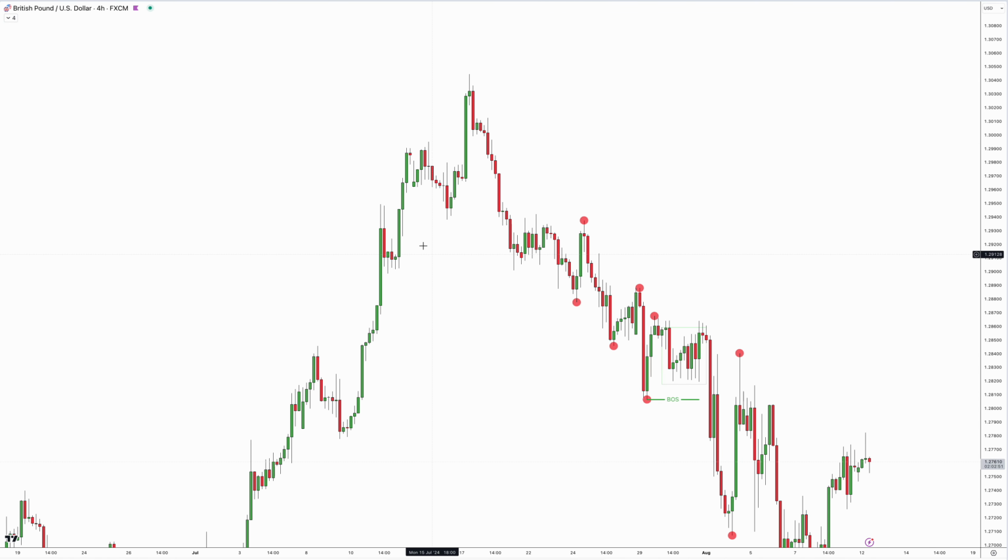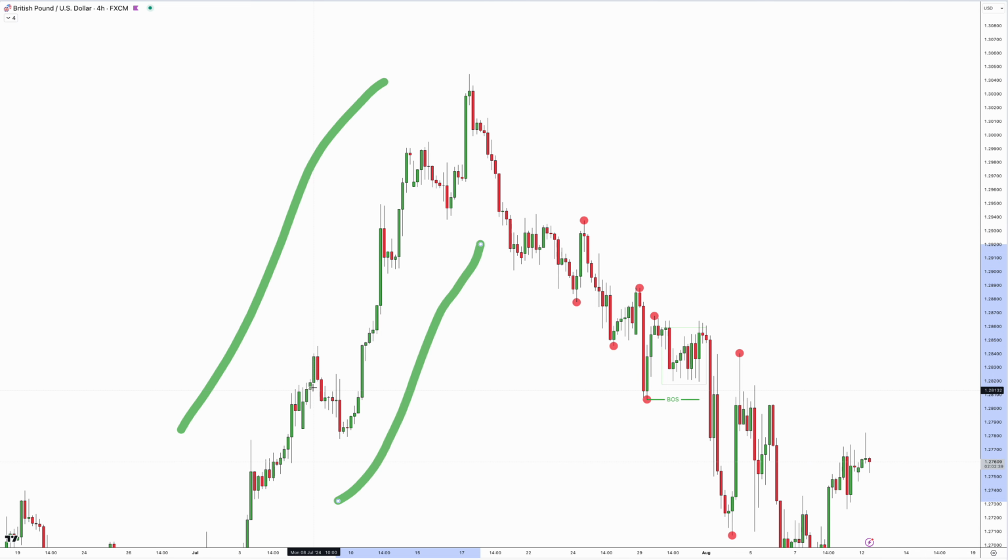If we look on the flip side over here, we've got higher highs and higher lows in our bullish channel. Let's turn that green. We have a bullish channel here, and we have higher high, higher low, higher high, higher low. We have the higher high here, the highest point, and the higher low here.